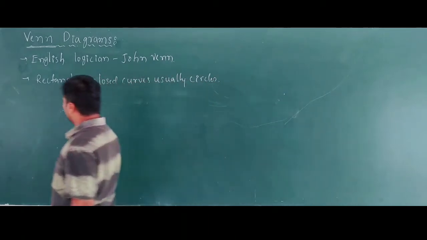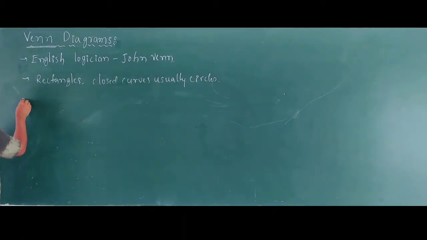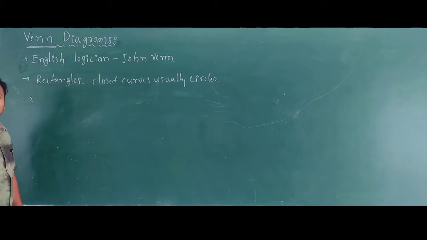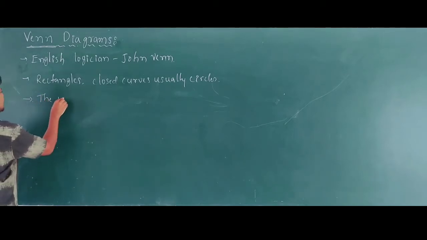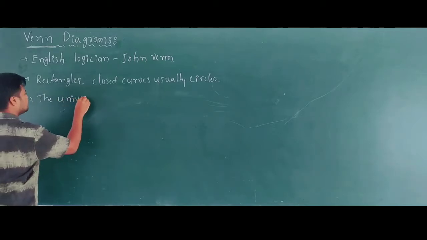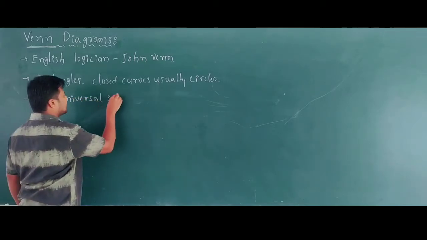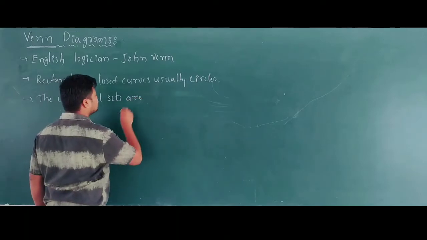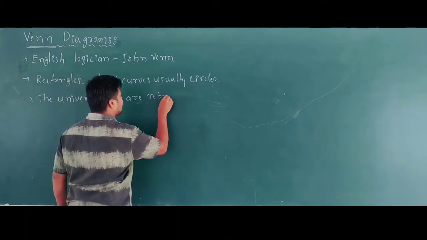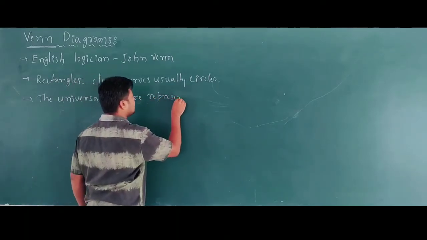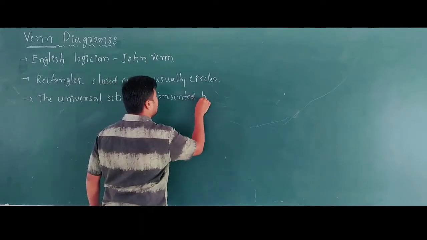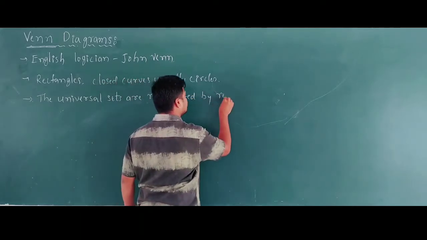These rectangles represent the universal set. So universal sets are represented by rectangles.